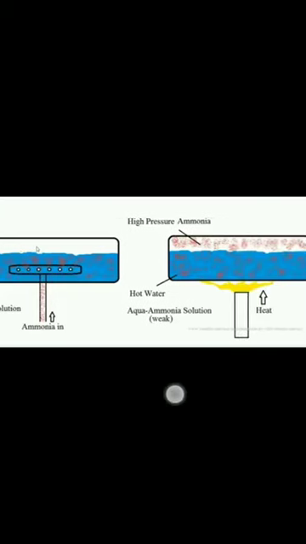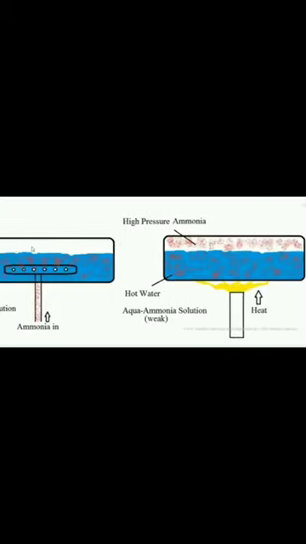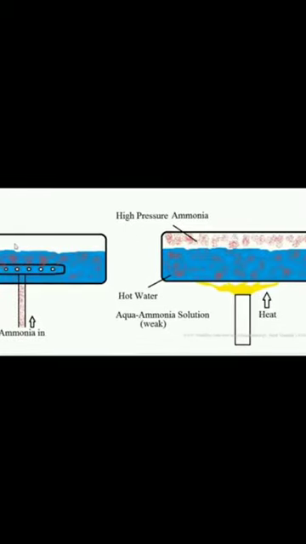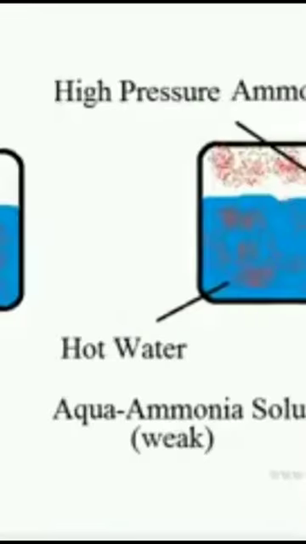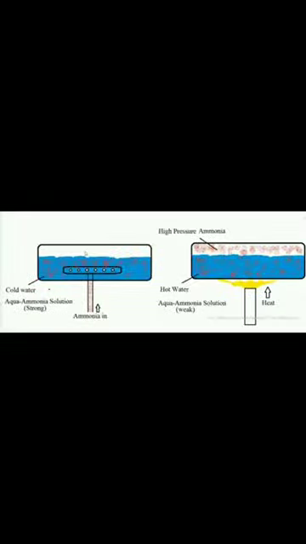After that, when the aqua ammonia solution is heated, the ammonia is separated from the hot water, which then becomes a weak aqua ammonia solution, and the ammonia becomes high pressure ammonia. So this is the basic concept about the aqua ammonia solution that we will see in the vapor absorption system.